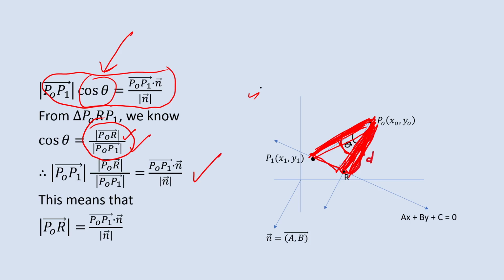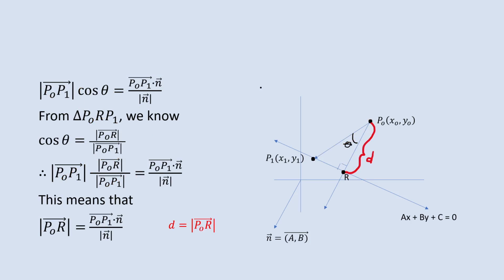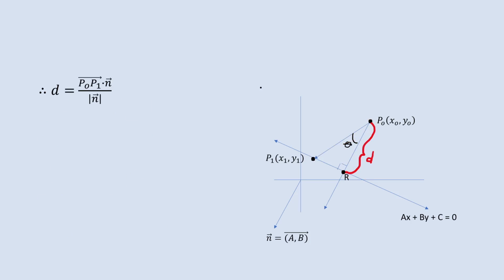Now we can cross out these two, and we get that the magnitude of P naught R is equal to P naught P1 dotted with the normal vector over the magnitude of the normal vector. Now, the magnitude of P naught R is exactly the distance that we're looking for in this question. So we have a formula for that distance. It's equal to the vector P naught P1 dotted with the vector n all over the magnitude of vector n. Okay, that's cool. So there's our formula.